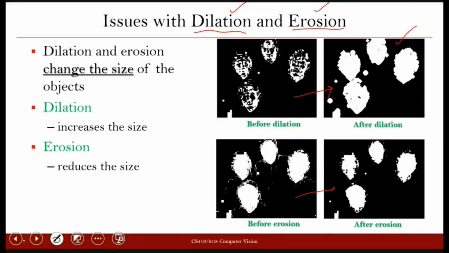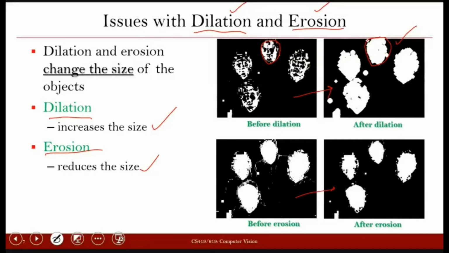For example, if you see the size of this face and the size now for this face, we see that the size has grown. So when we perform dilation, it increases the size of the foreground object. Similarly, when we perform erosion, it reduces the size of the foreground object. You can see that here.